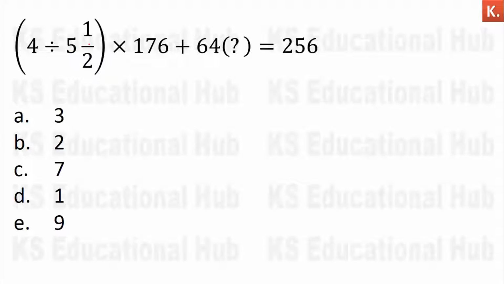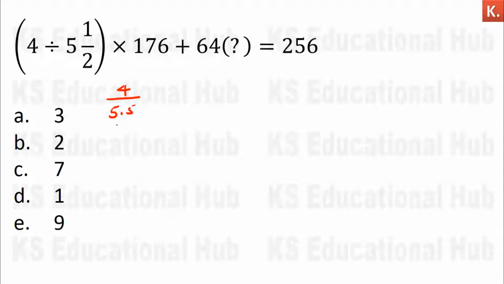4 divided by 5 1 by 2 into 176 plus 64 into question mark is equal to 256. So what can be done here? 5 into 2 is 10 plus 1, 11. Or otherwise you can take it in a different way as well. 5 1 by 2 is equal to 5.5.